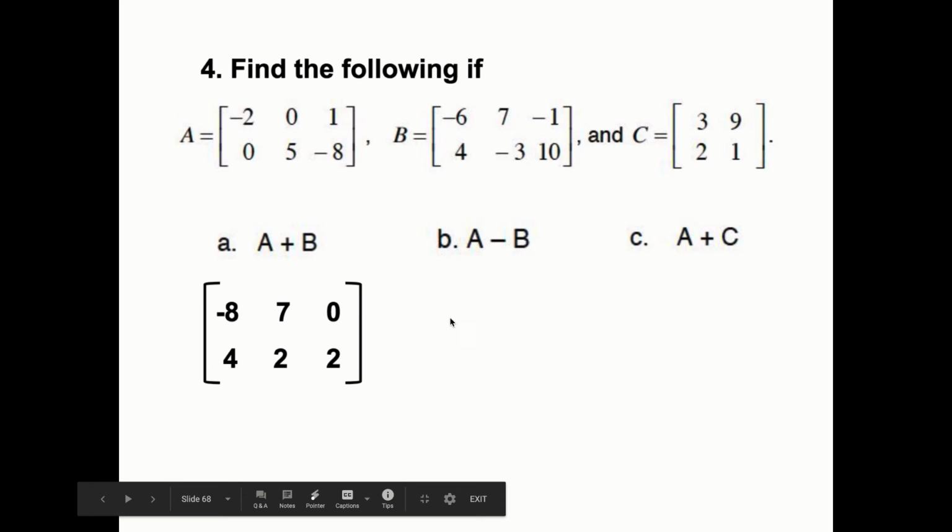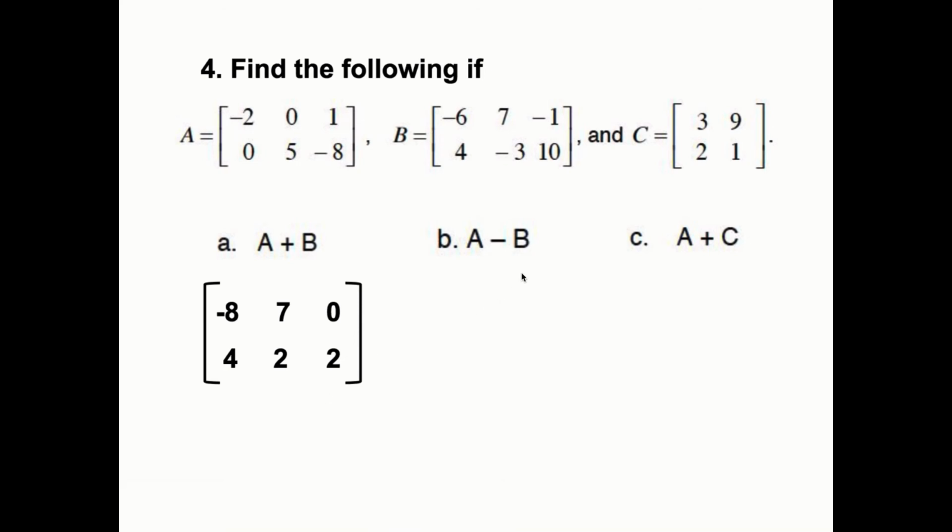So that's it. For part B, we're going to subtract A minus B. So if you go negative 2 minus negative 6, this is tricky. Remember, when you minus a negative, it becomes plus.